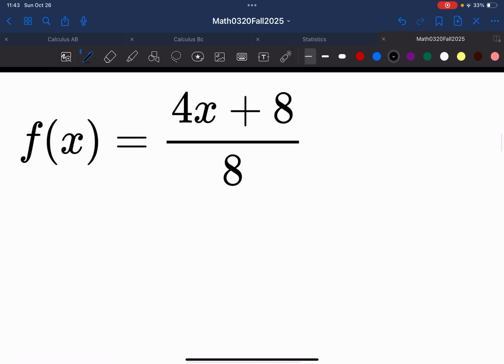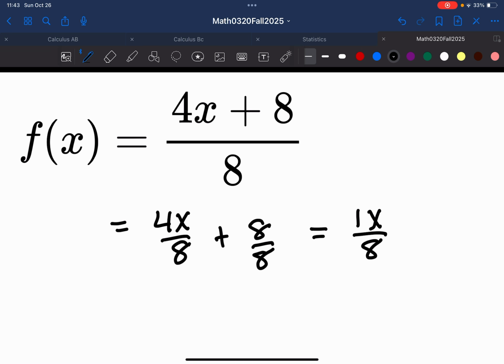This looks like it's a fraction, but really I could simplify this because this is the same as saying 4x over 8 plus 8 over 8, which is equal to 1x over 8, which is equal to 1x over 2 plus 1, which is linear.